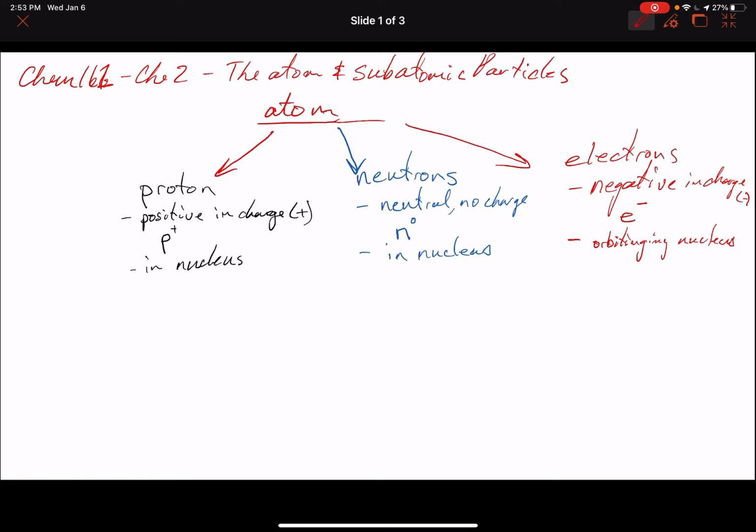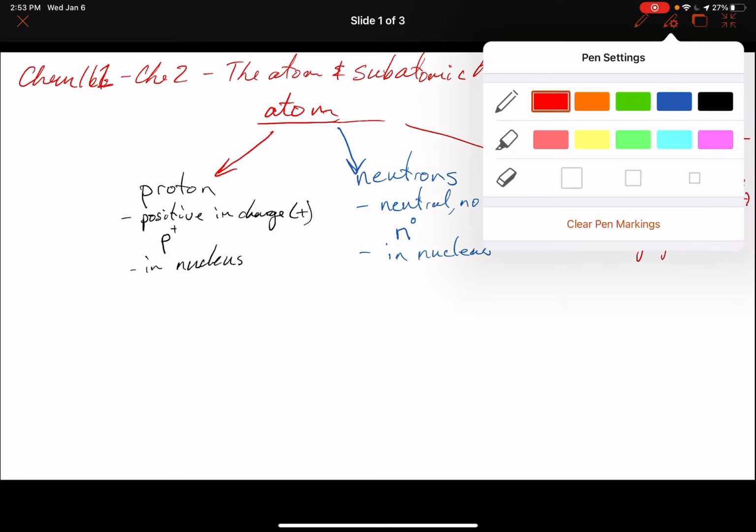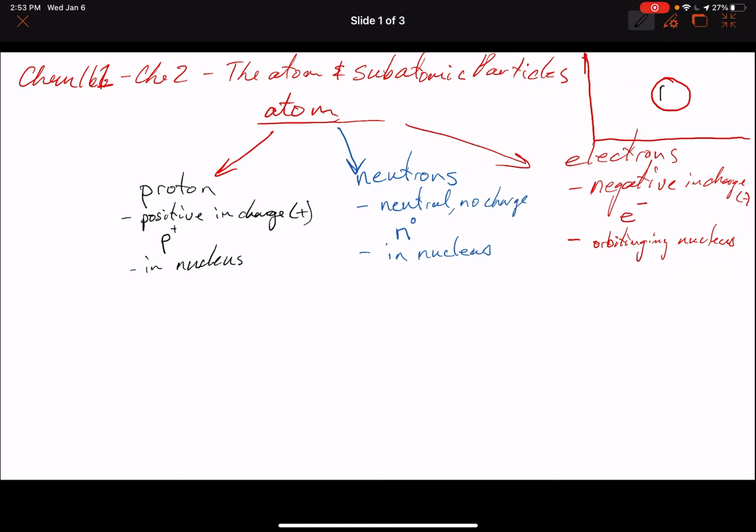So putting all these pieces into our simplest model for an atom, we know that there's something called a nucleus, so that's what I've drawn here. This nucleus may have a certain number of protons, so using our symbols from earlier, we could show a p with a plus sign.